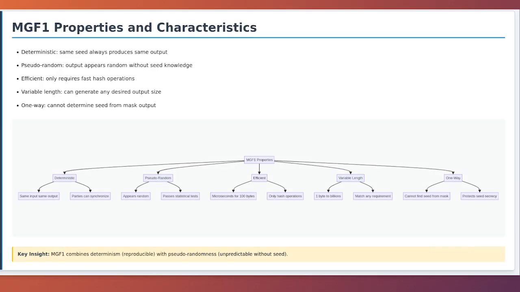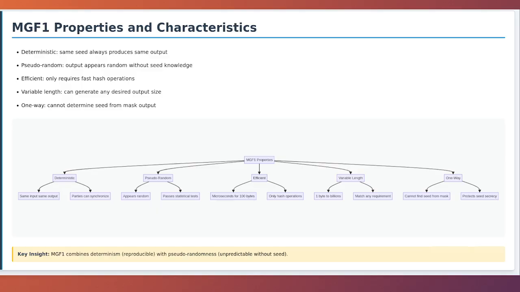MGF1 properties and characteristics. Let's examine the important properties and characteristics of MGF1 that make it suitable for cryptographic applications. Understanding these properties helps explain why MGF1 is designed the way it is and why it is trusted for security-critical operations. First, MGF1 is deterministic.